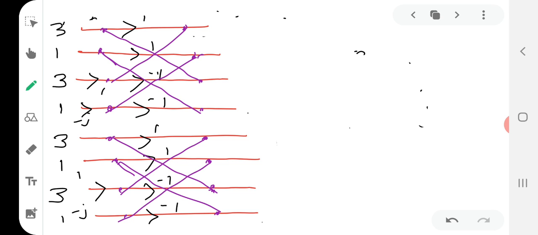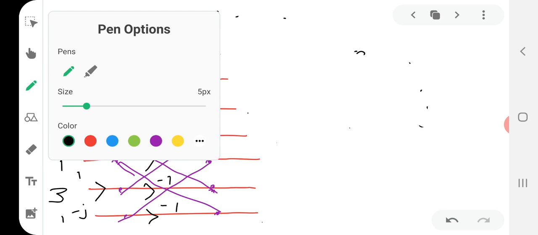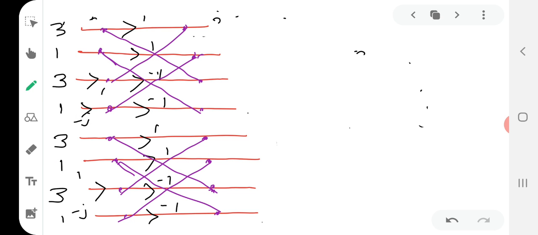See here, the value will be 3 into 1. Okay, we'll write the value, that is 3 into 1 plus 3 into 1, and see here this is 3 into 1 plus here also from this point 3 into 1, that is 3, that is equal to 6. And then what is the second value?